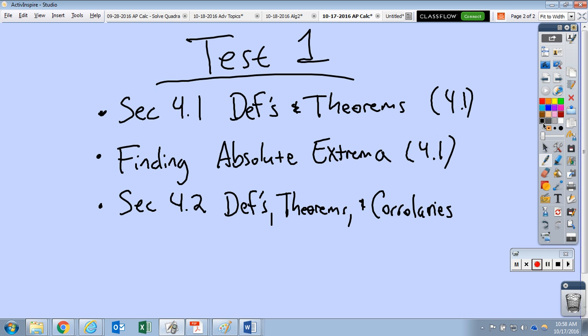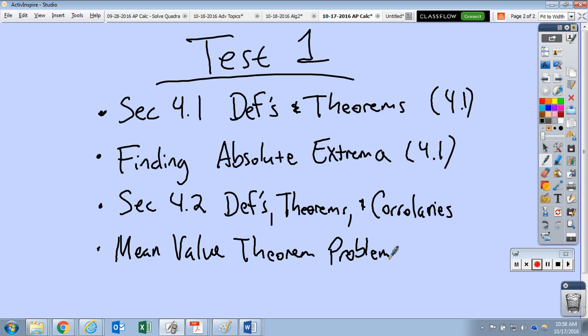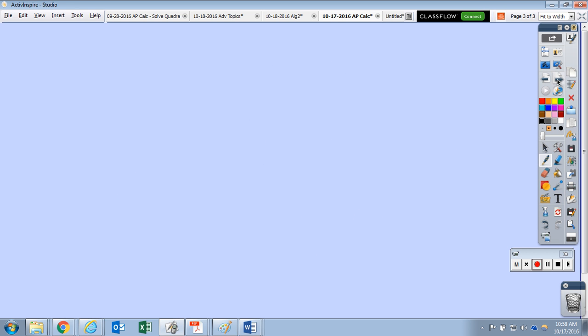Let me actually finish this list here. Mean value theorem problems. Page 202, number 3.